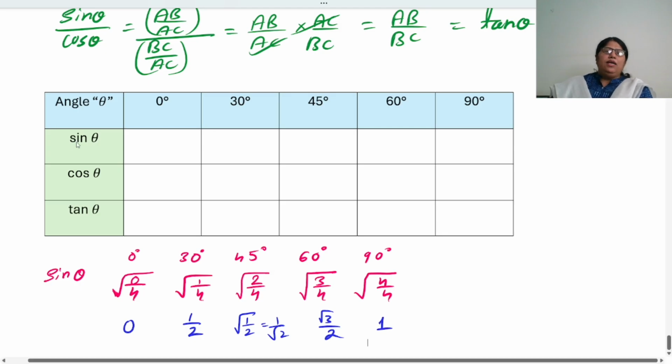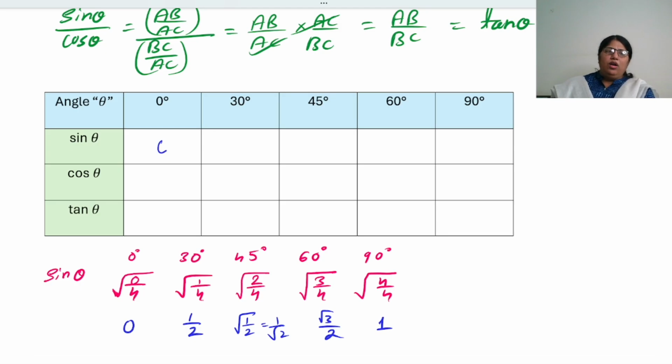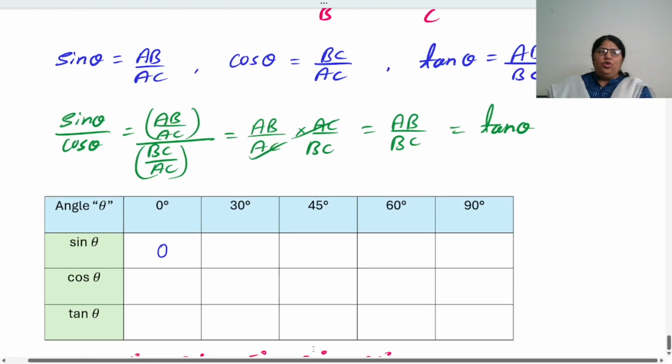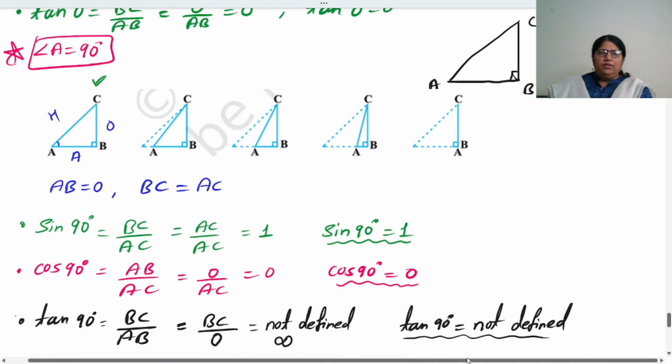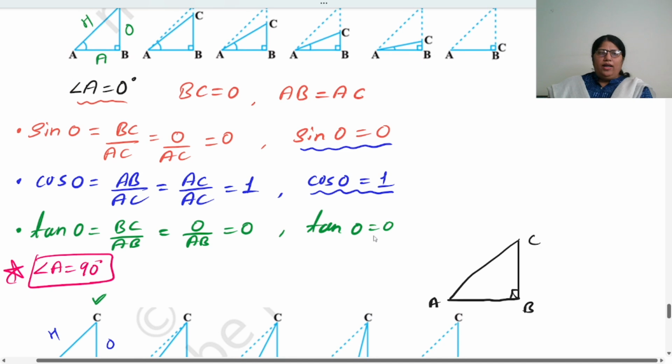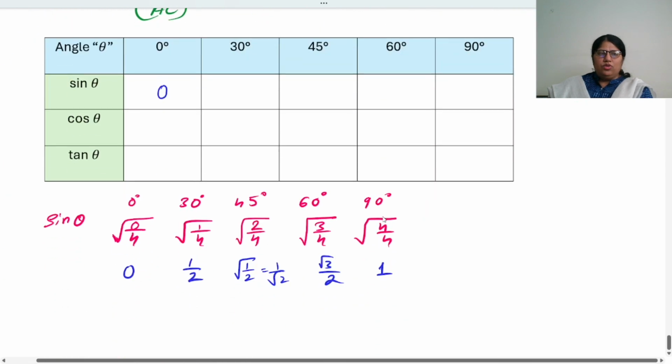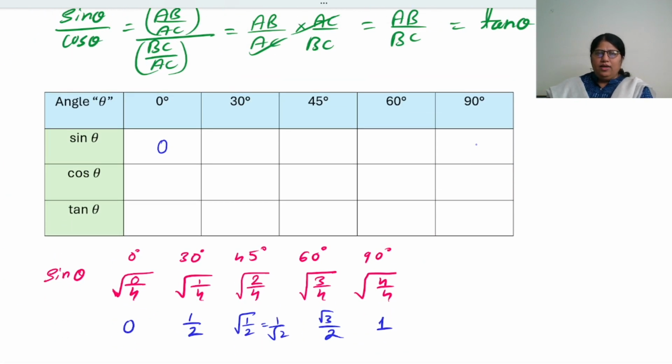And if you see, sine 0 is always 0, I can show you here. You already got it here. See, sine 90 is 1 and sine 0 is 0. So first sine 90, it is 1. Using this rule also we are getting 1 here. Can you see? Then here 30 is root 1 by 4.